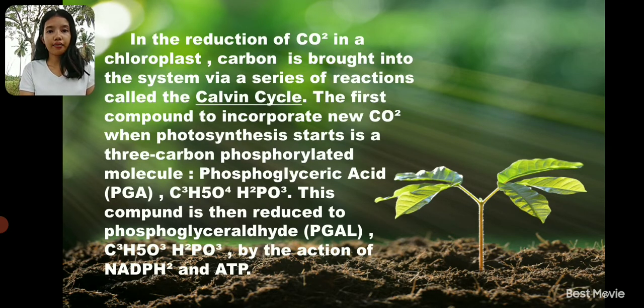In the reduction of carbon dioxide in a chloroplast, carbon is brought into the system via a series of reactions called the Calvin cycle. The first compound to incorporate new carbon dioxide when photosynthesis starts is a 3-carbon phosphorylated molecule, phosphoglyceric acid, or PGA, C3H5O4.